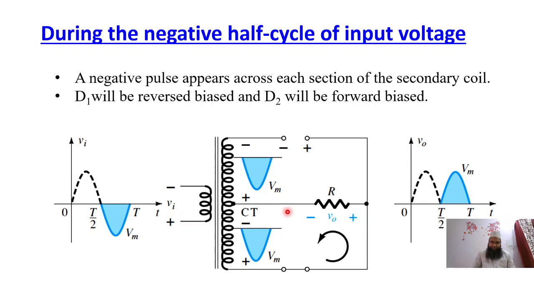During the negative half cycle, a negative pulse appears across both sections of the secondary coil. This negative cycle is appearing across the secondary of the center tap transformer, and due to this negative pulse the diode D1 will be reverse biased and behaves like an open switch, and diode D2 will be forward biased and behaves like a short circuit.